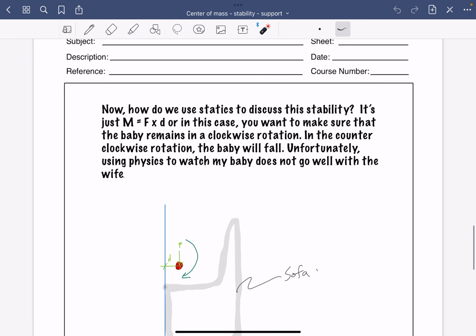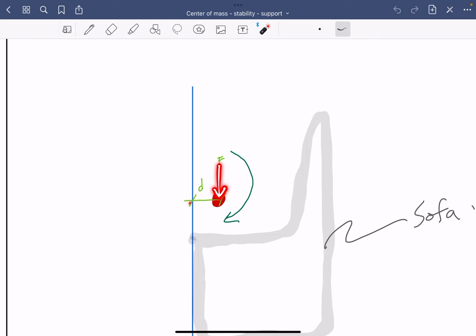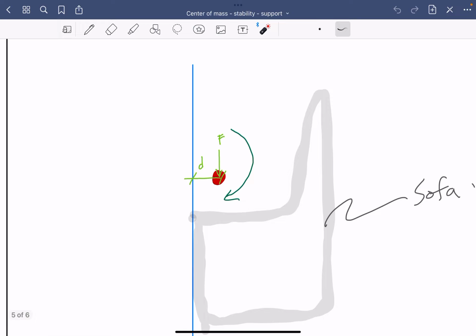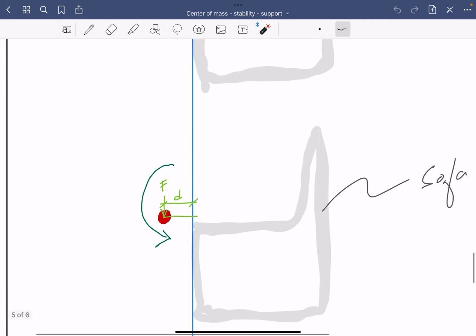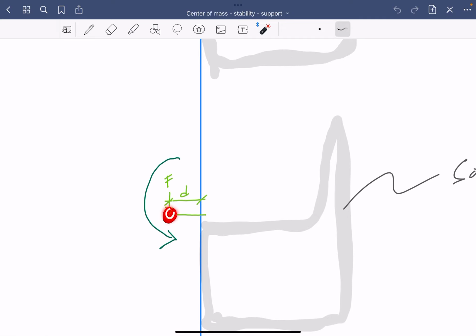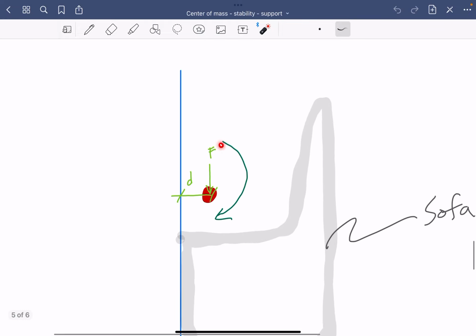Now, how do we use statics to discuss this stability? The formula is that moment is equal to force times distance. In this case, you want to make sure that the baby remains in a clockwise rotation. Here's your force, and here's your distance, and it's clockwise rotation. You don't really have a true eccentricity because the body is just lying there. But here is where it matters: once you have this, remember the force is just acted by gravity, and then you have a distance d, and that would create a counterclockwise moment, while this one creates a clockwise moment.